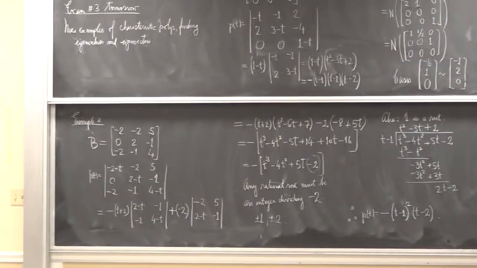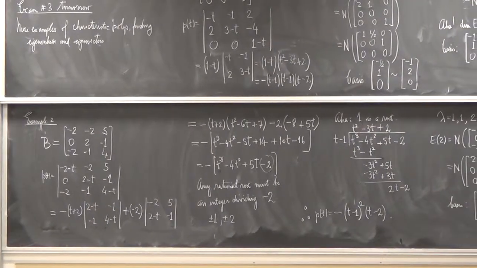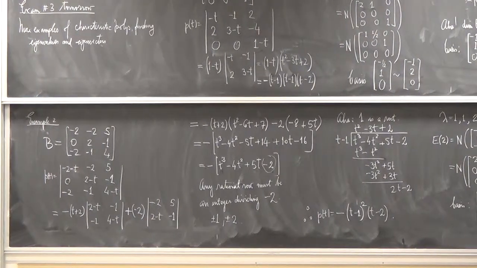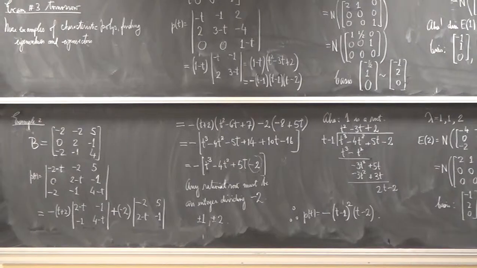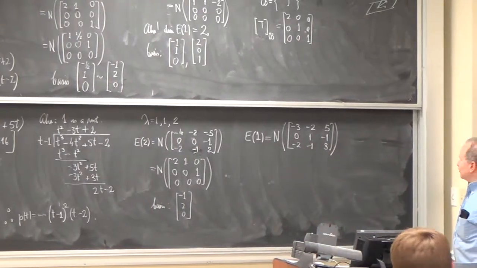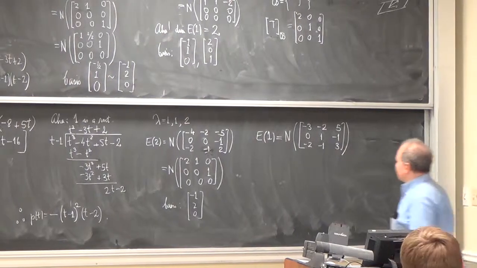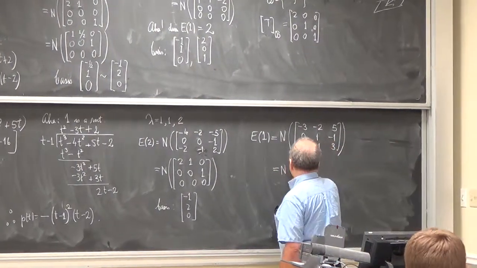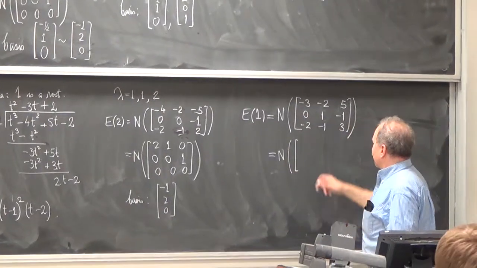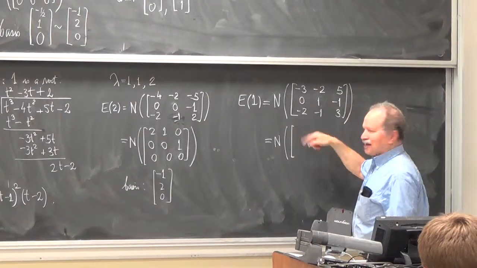Well, negative 3, 5, 0, 1, negative 1, negative 2, negative 1. Oh, lovely. Couldn't you give me anything nicer than this? Okay, you add the negative over the bottom to the top, and then take the negative of that.